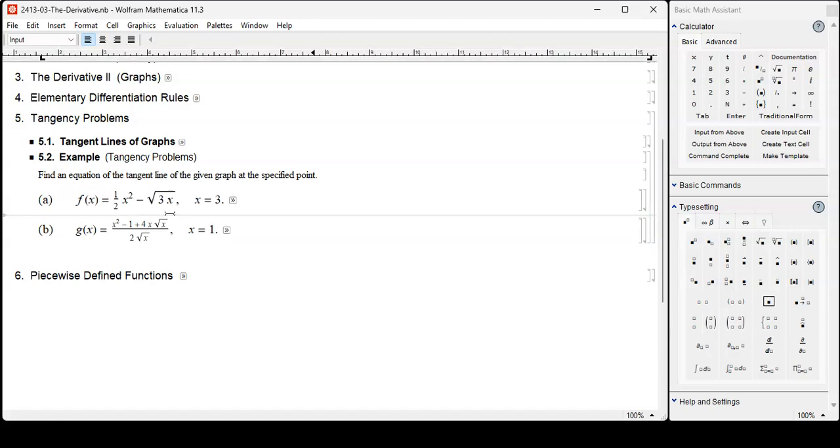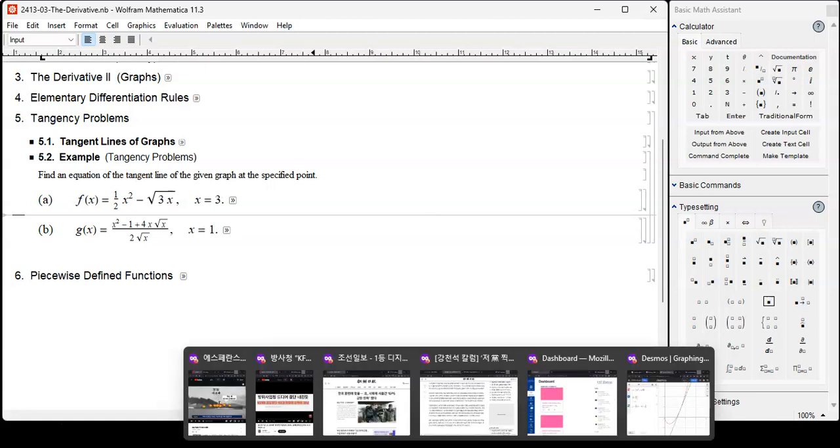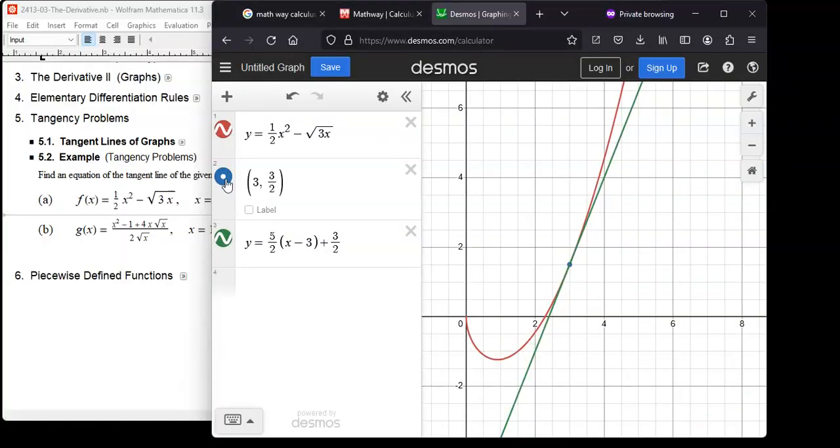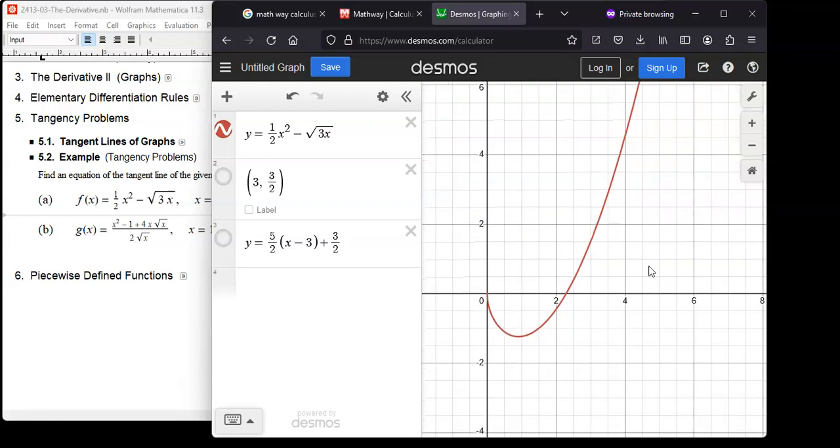Okay, here's the first example. I already created this graph. This one here: y equals 1/2 x squared minus square root of 3x. That's the graph.